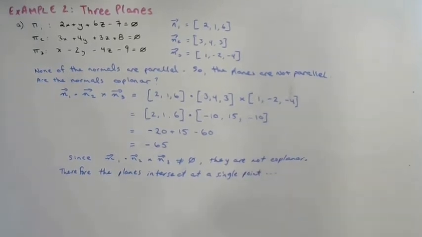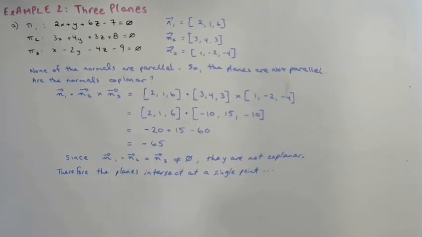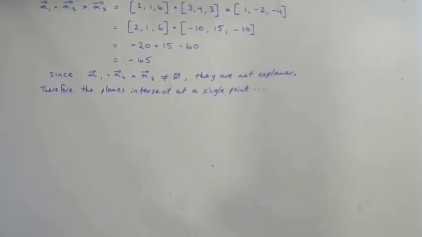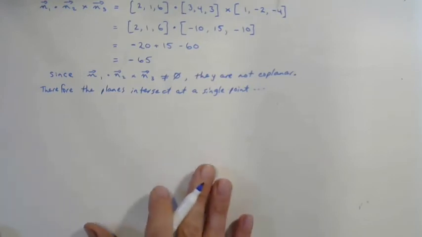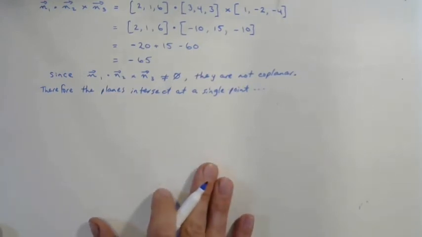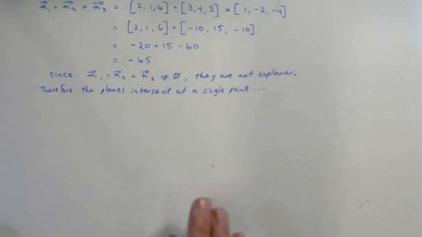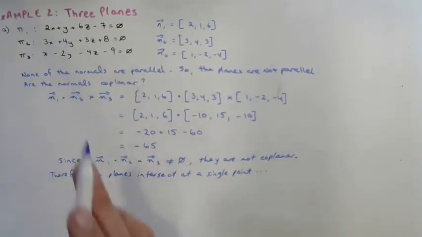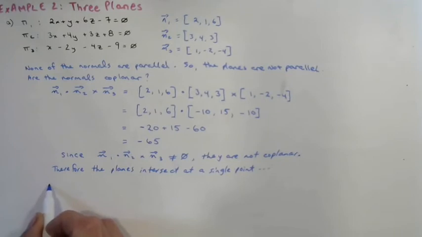Next step, where is that point? We're going to just work with two of the planar equations in order to eliminate one of the variables. So I'm going to take equation 1 and 2, but equation 1 I'm going to be multiplying by 4 in order to eliminate the y variable here. So we've got equation 1, which I'm multiplying by 4.